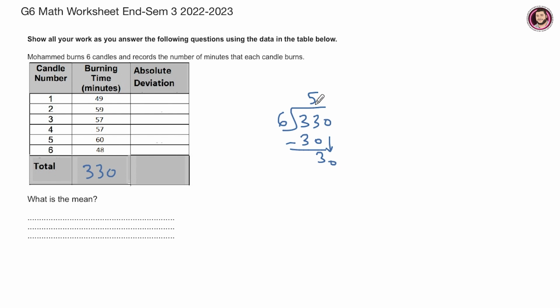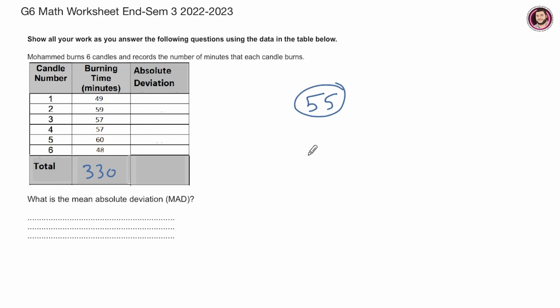So the mean is 55. We can write mean equals the sum of all values, which is 330, divided by the number of values 6, which equals 55. At last, the answer to the question about the mean is 55.